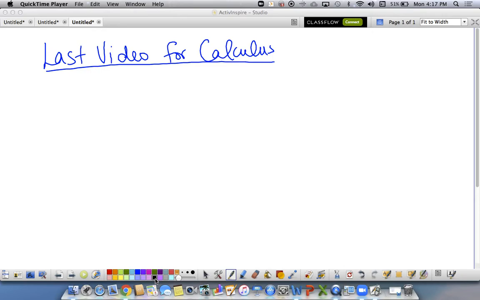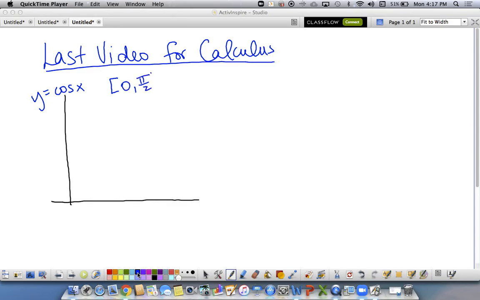So if I were to graph y equals cosine x over the interval from 0 to pi over 2, you know cosine at 0 is 1, and cosine of pi over 2, which is 90 degrees, is 0. So it goes right there.